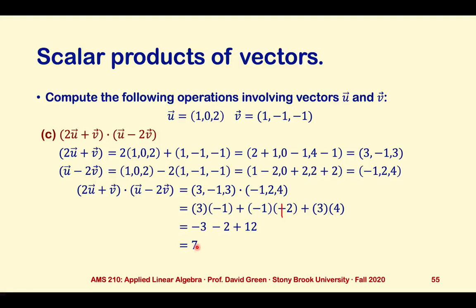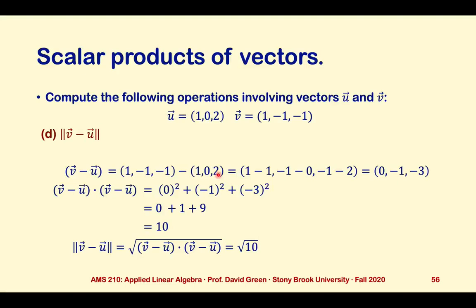A little bit more involved in terms of the arithmetic, but the underlying ideas are not anything new: scalar multiplication of a vector, addition of vectors, and evaluating a dot product. Just walk through them systematically.